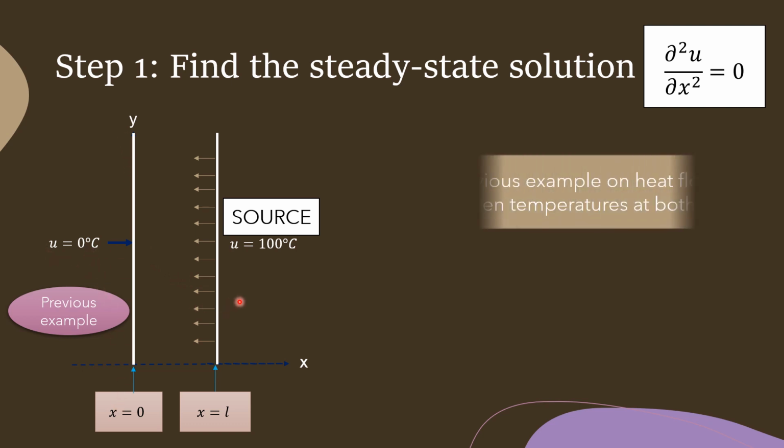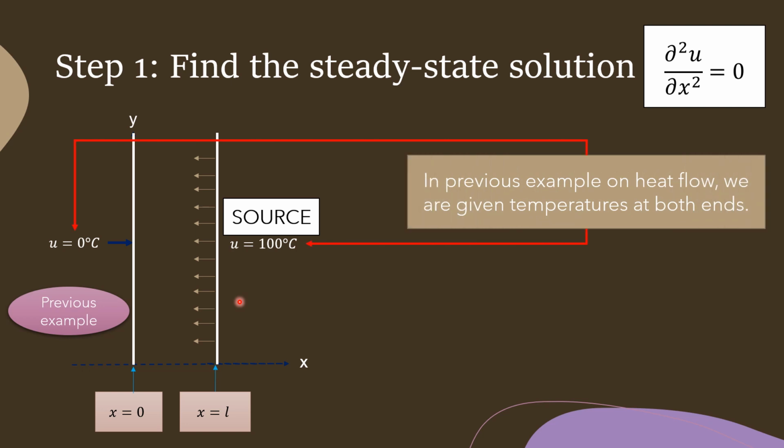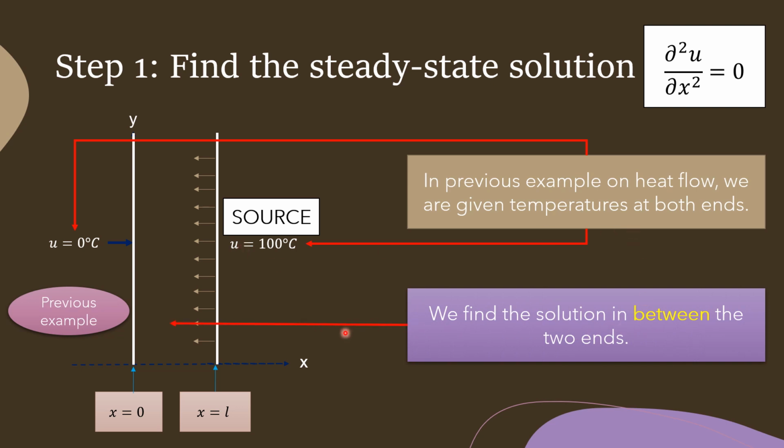And how we actually solve this is that we find the steady state solution based on these two conditions, right? So we have these two conditions, and then we look for the solution in between these two regions. Okay, and in this example, if you recall, we wrote the solution as a linear function of x, right?